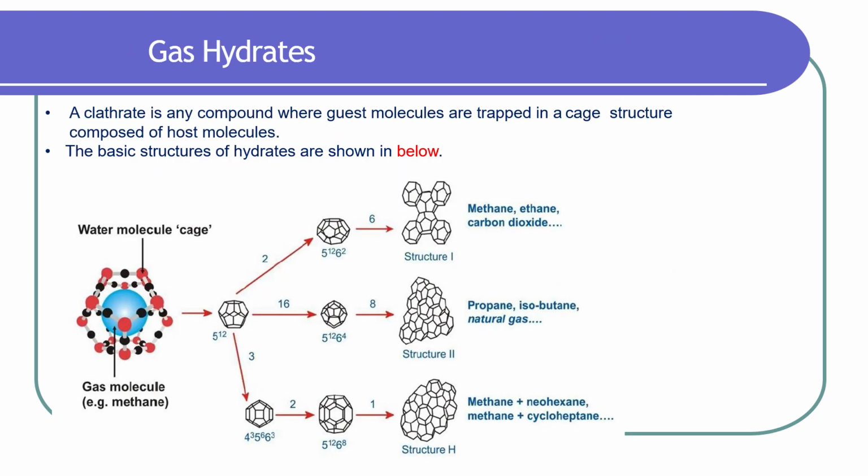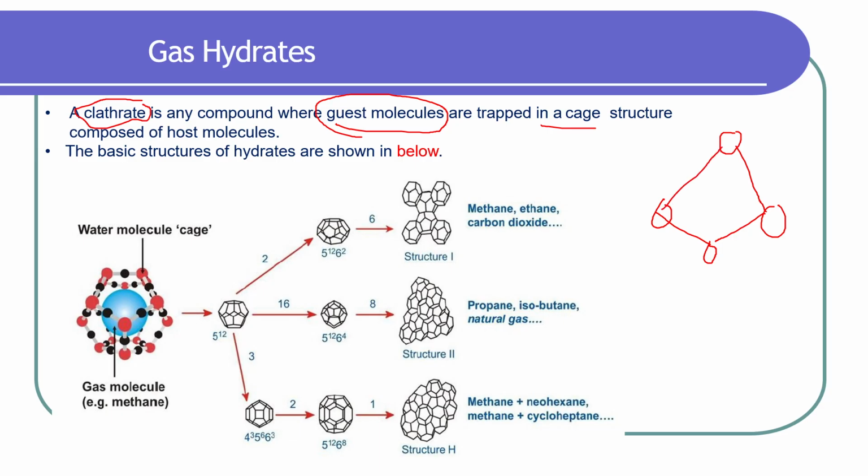Now, gas hydrate can sometimes be called, as you can find in the literature, a clathrate, where the clathrate is any compound in which a guest molecule, which is the gaseous molecule, is trapped or included in something called a cage, which is what we have seen before, where the water molecules are bonded to each other like this, and as a result they form the cage.